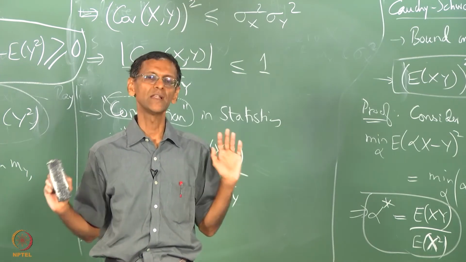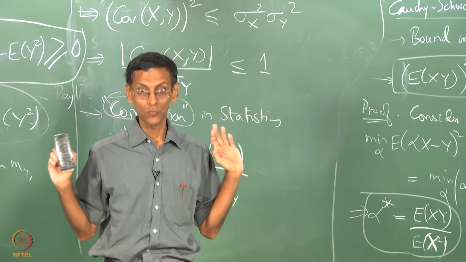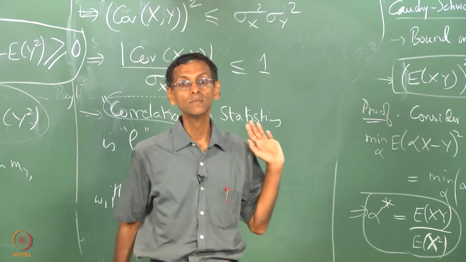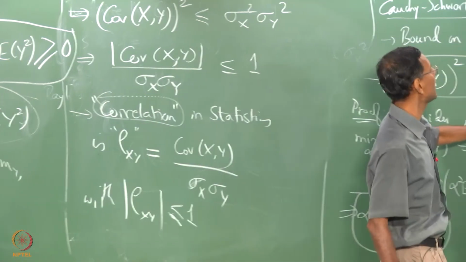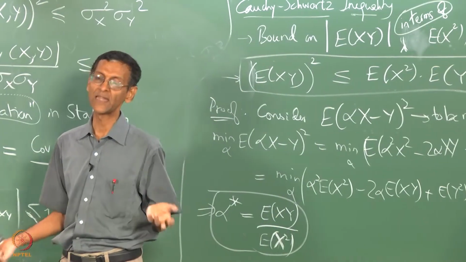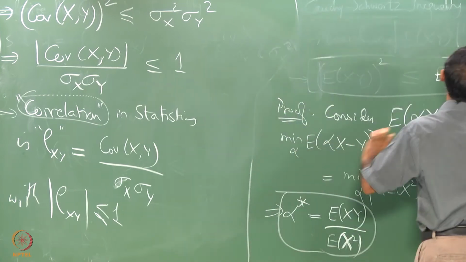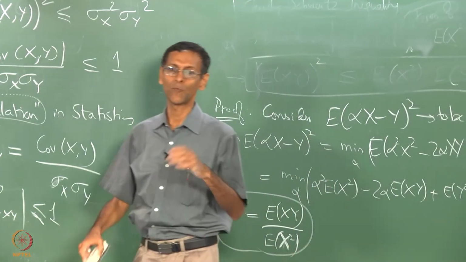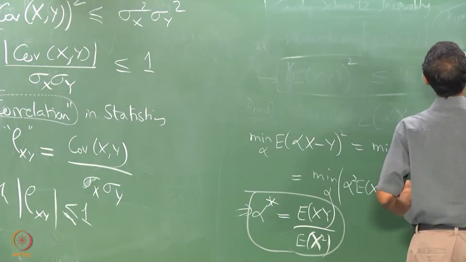If E of z squared is 0, z is almost surely equal to 0 with probability equal to 1. That is the statement of probability theory. So here if we say E of (alpha x minus y) whole squared is equal to 0, then that means that alpha x equals y with probability almost equal to 1.